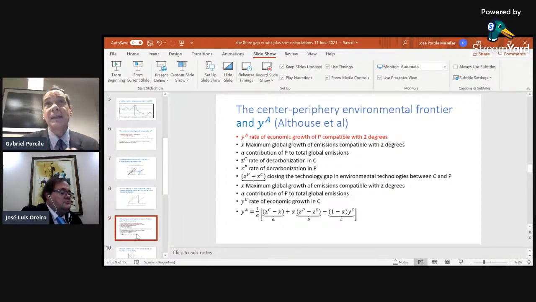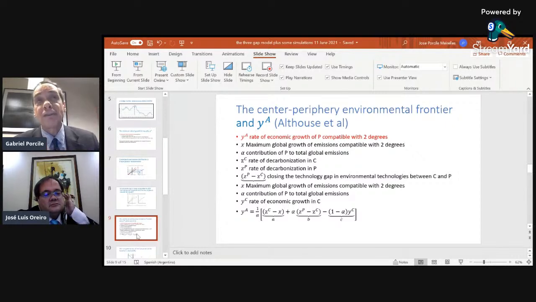The only way in which the countries of Latin America could grow at a higher rate while at the same time keeping their promises in the national determined contributions is to decouple emissions of CO2 from economic growth.